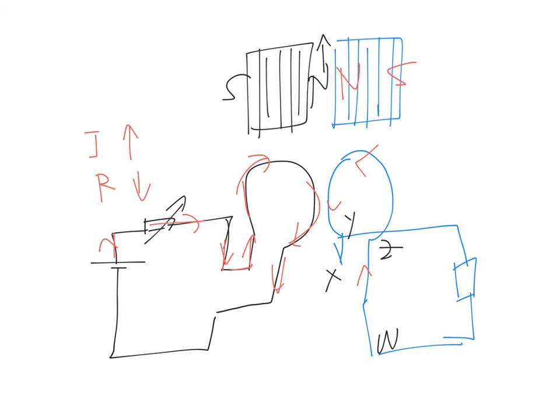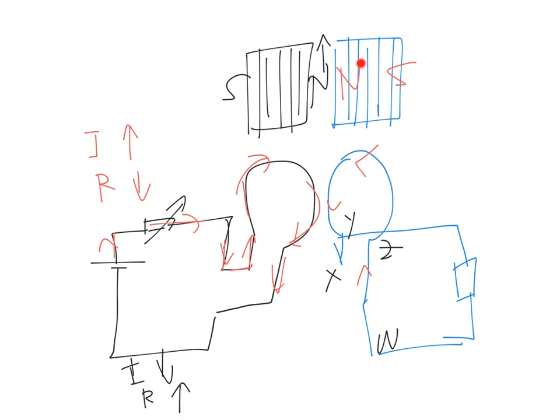But if we reverse this, let's say now we increase the resistance so that the current decreases. Then this side will get less and less north, right? So if it gets less and less north, this side must try to prevent it from dropping.